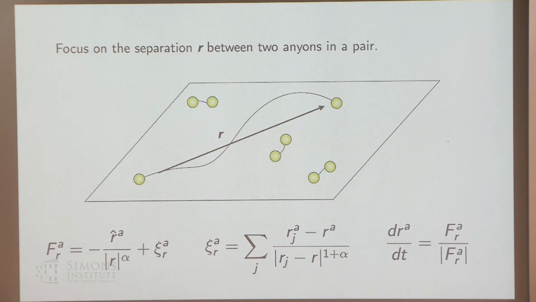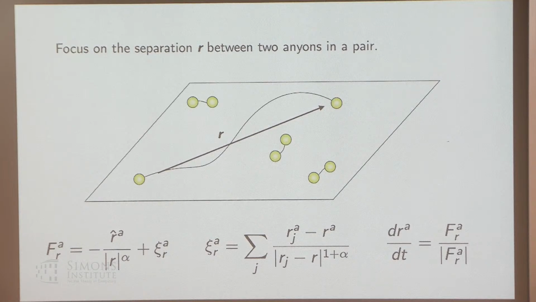Under this noise model, we're going to focus on the separation between the two anyons in this large pair. What we need to do is prevent these anyons from drifting apart and traveling around a cycle of the torus. Now, just focus on the distance of this one with respect to this one.